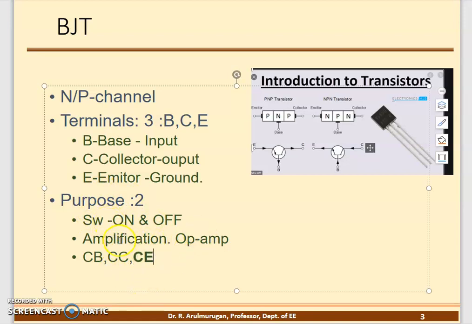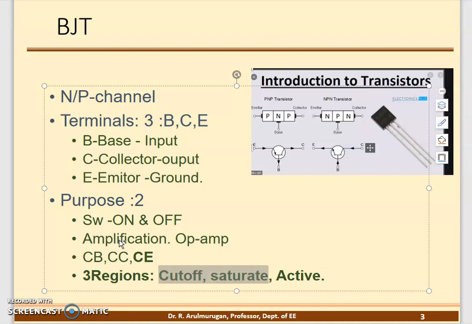There are also three regions: the cut-off region, the saturation region, and the active region. Generally, two regions are for on and off.